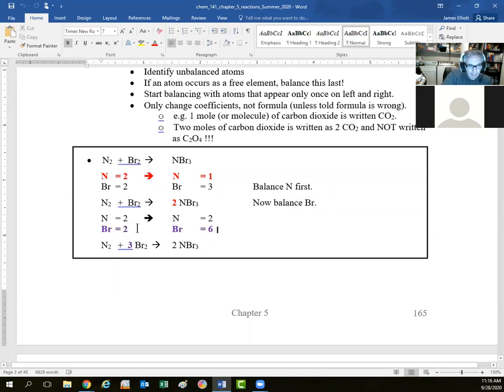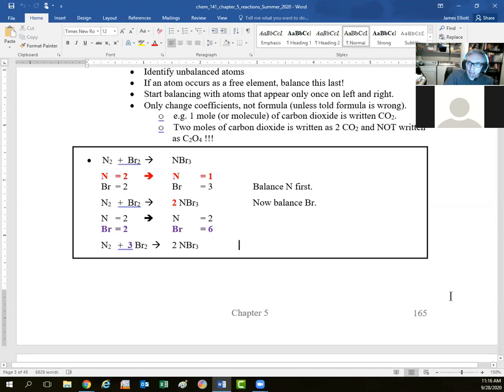So 2 times something to make 6, that would be 3 times more. And so we take 3 molecules of the bromine. It gives us our final balanced equation. 1 molecule of nitrogen, 3 molecules of bromine, and it produces 2 molecules of the NBr3, nitrogen tribromide.